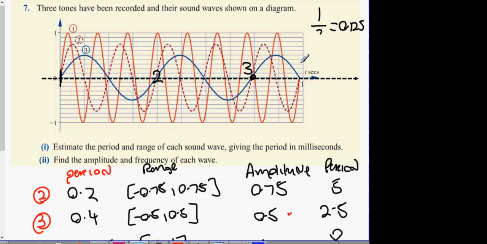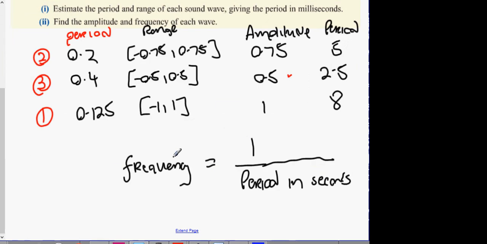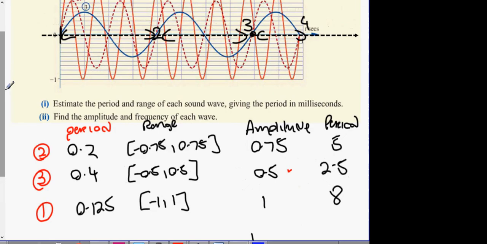The first wave is in between here and here. That's wave 1. Wave 2 is in between 2 and 3. And the third wave, or half a wave, is in between 3 and 4. So it's 2.5. Lads, stick to the formula. Frequency equals 1 divided by period in seconds. Works much better.